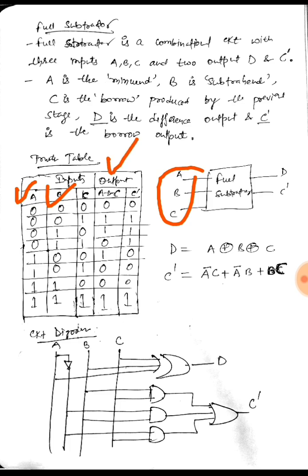So the difference A minus B minus C would be this one, you can see in the truth table, and this will be my borrow generated.